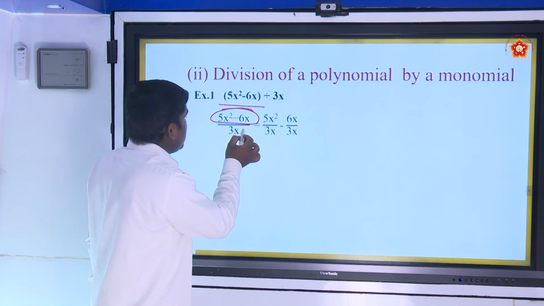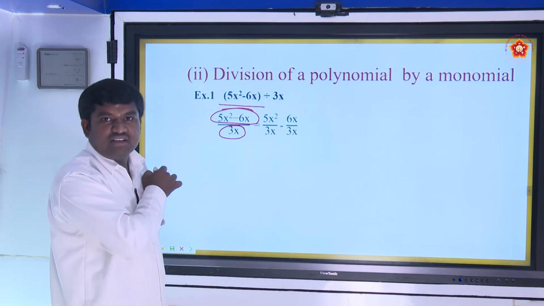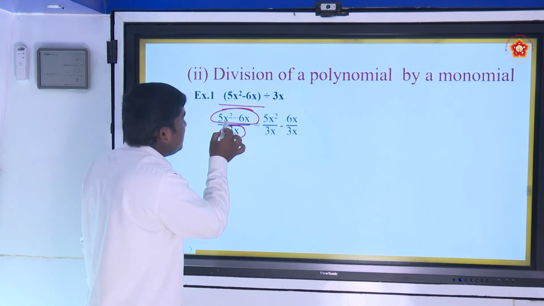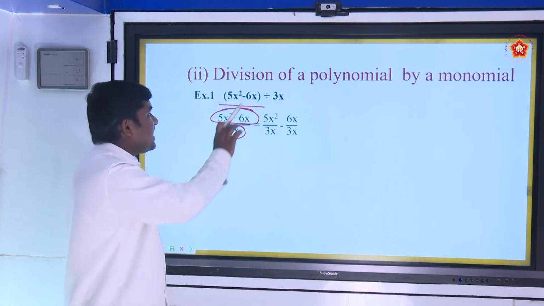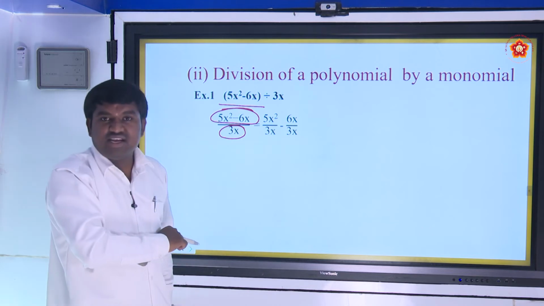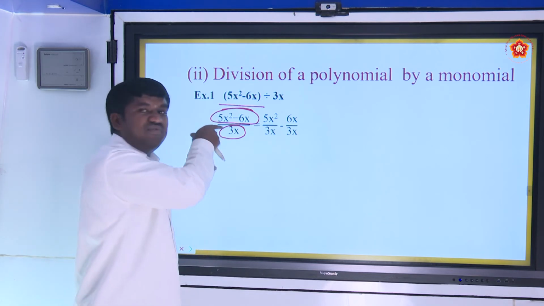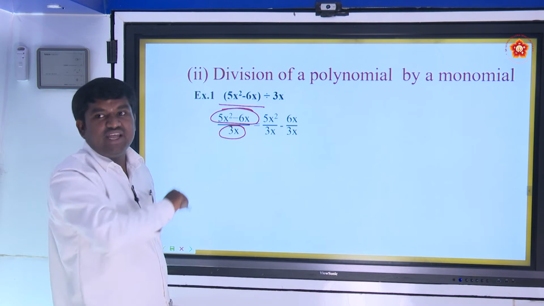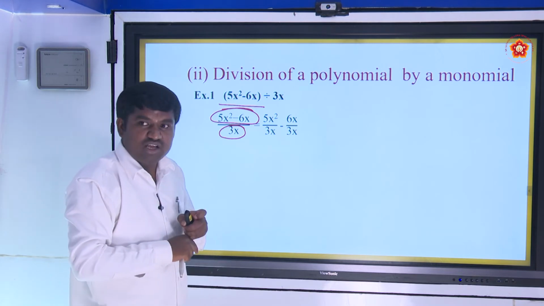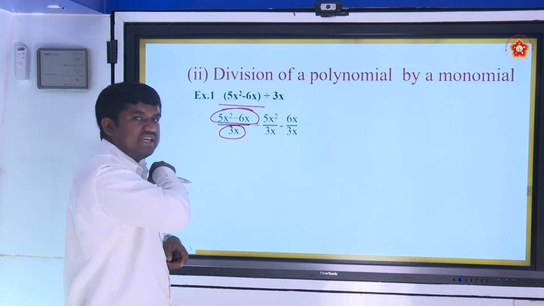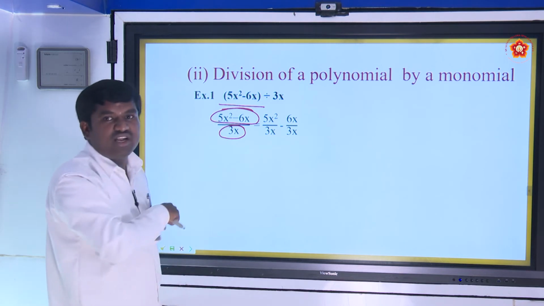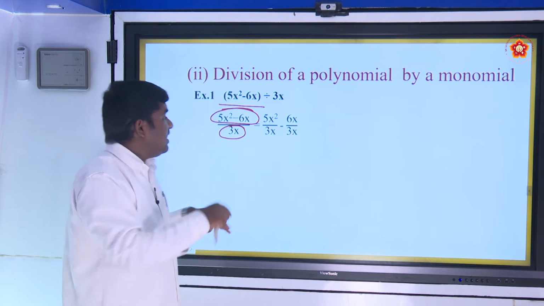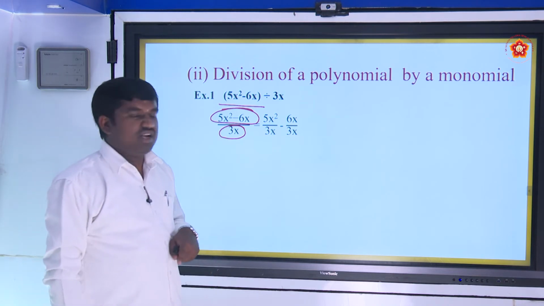In the denominator 3x is there. So first term 5x square divided by 3x, minus sign, second term 6x divided by 3x. Here only one term is there in the denominator, so each term of the numerator is divided by the monomial in the denominator.